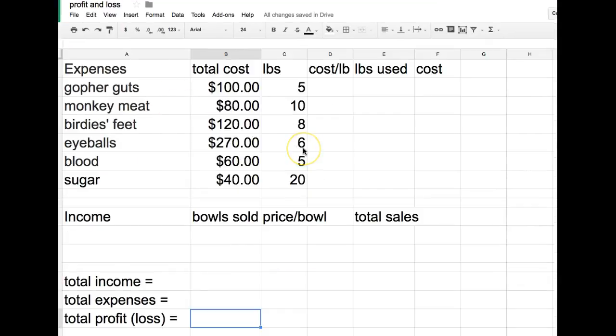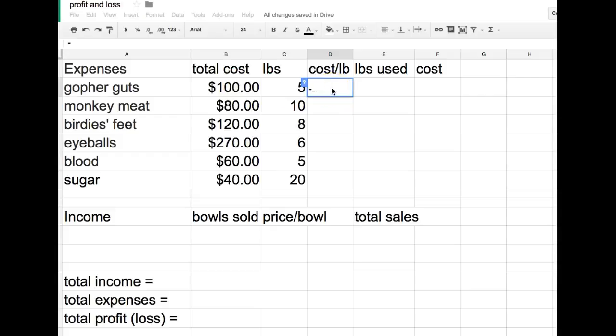Now let's look at a more complicated example. Suppose that we bought a lot of gopher guts, but we didn't use it all. And so in this case, we'll say, well, how much did things cost per pound? And then how many pounds do we use? So let's look at our cost per pound. To get that, we take the money divided by the pounds.